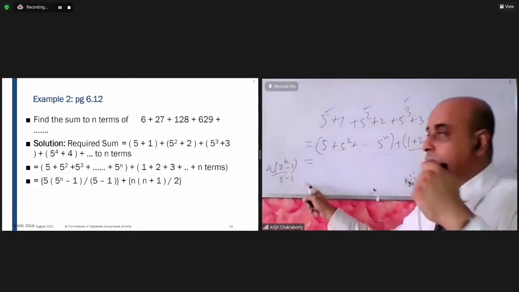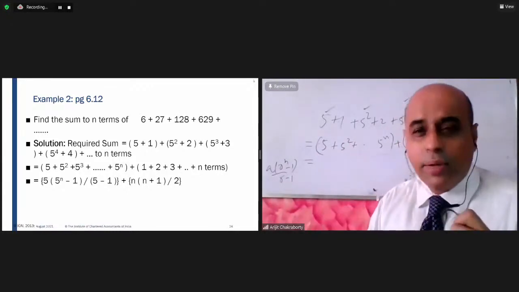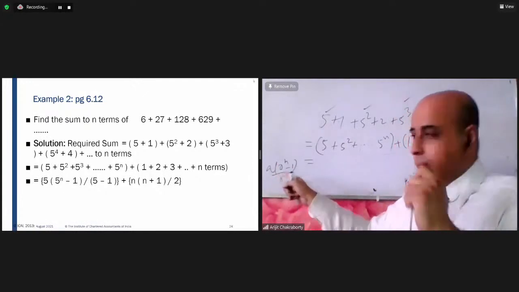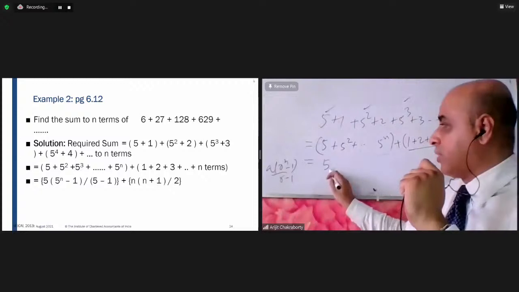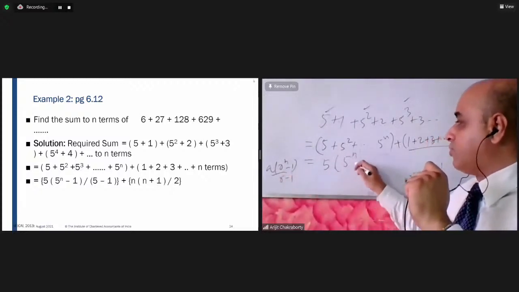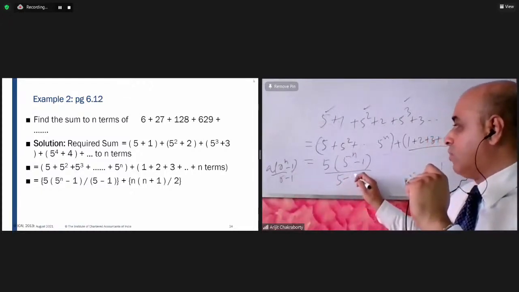Why are we taking this formula? Because here r is 5 and 5 is more than 1. The requirement is if r is more than 1, we will take this formula. Therefore, we take 5 as the first term. a is 5, r is 5, so 5 to the power n minus 1, divided by r minus 1, that is 5 minus 1.